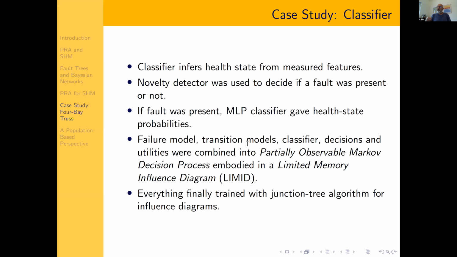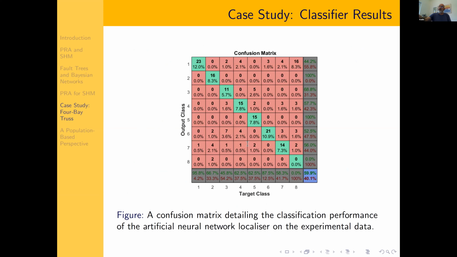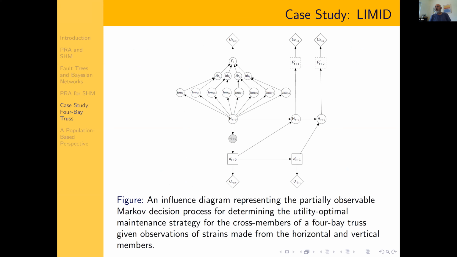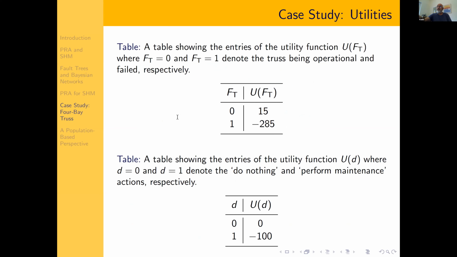Now, I could put this all in a big Bayesian network and try and infer this all from data directly using algorithms for inference in influence diagrams. But we simplified this and we've built this whole subsystem here, this classifier, offline using a neural network.